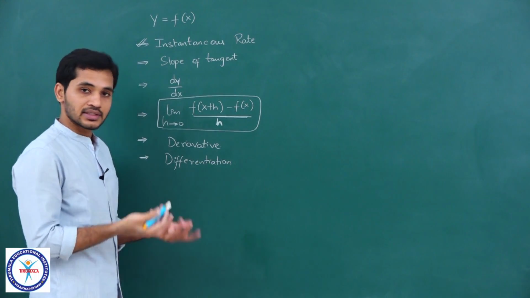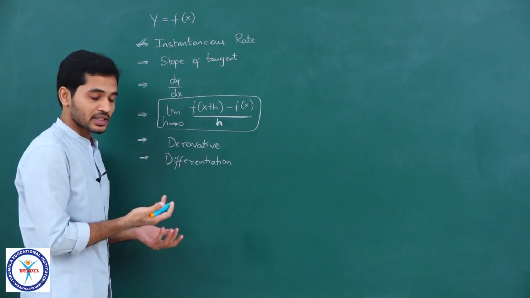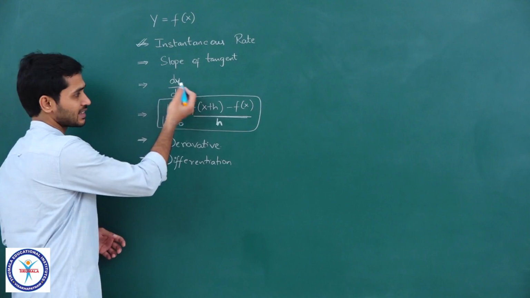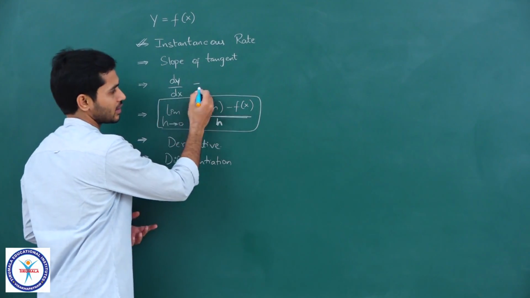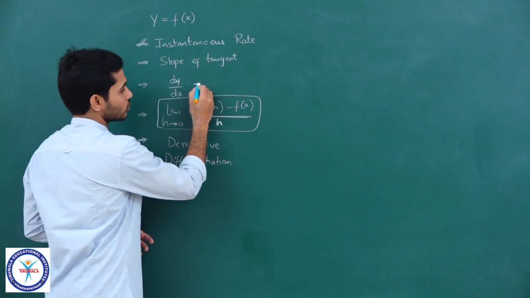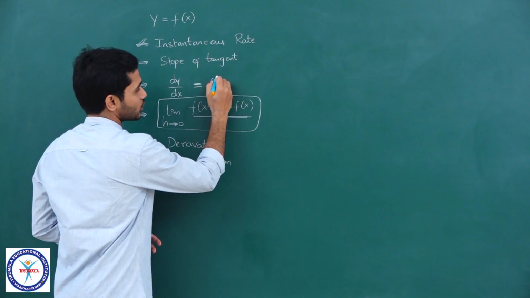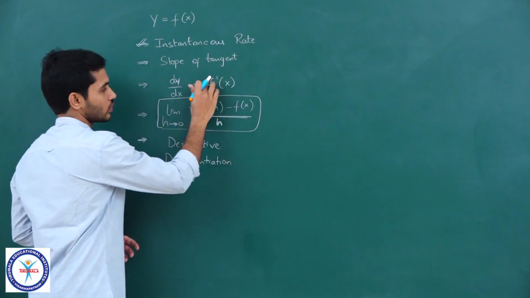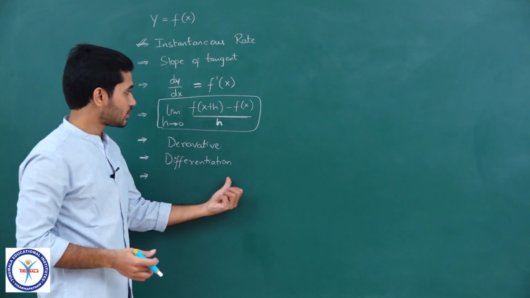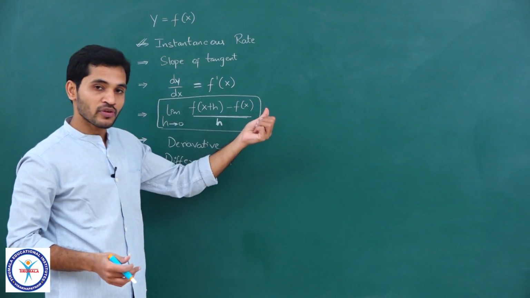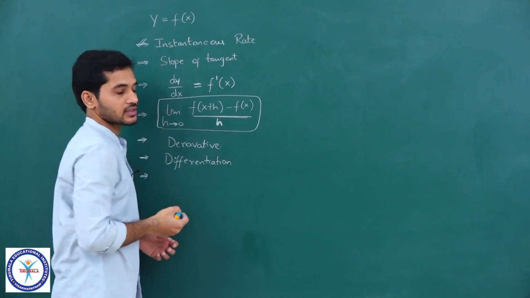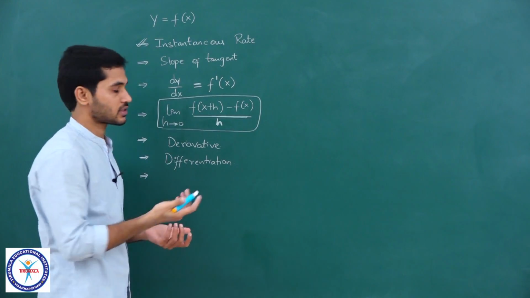In fact there are other names and representations also. We can also represent this dy by dx, let me write it down here itself, or any of these things, as f dash of x. So, f of x is basically the function. When you are differentiating it, or calculating the slope of the tangent of that function, we represent it as f dash of x, differentiation of f of x, clear.